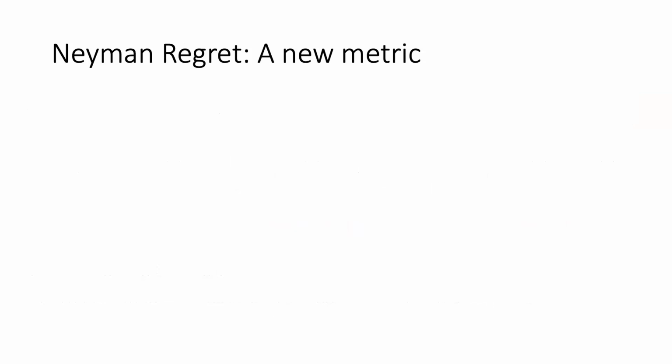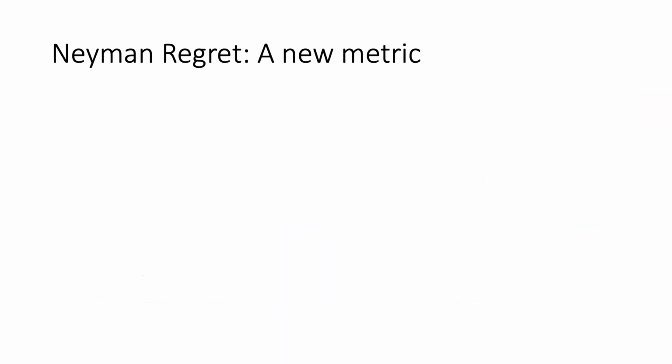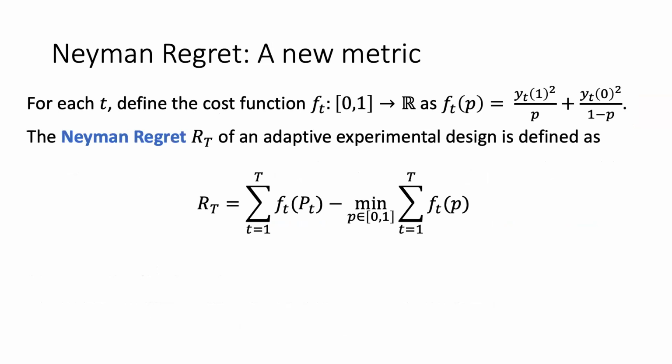I should have had it all on the same slide, but this captures what unit t can contribute to the variance, or rather the part that we can control. So this term without the expectations is exactly what this cost is. That's where the cost is coming from.